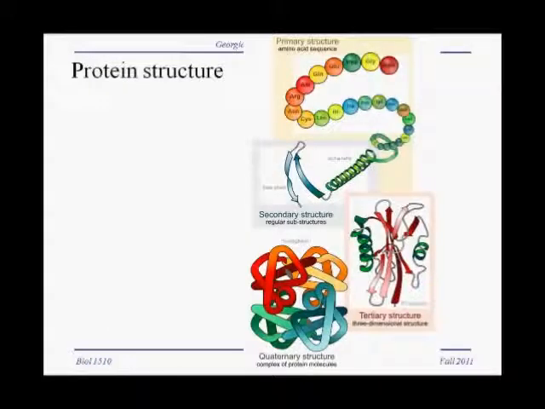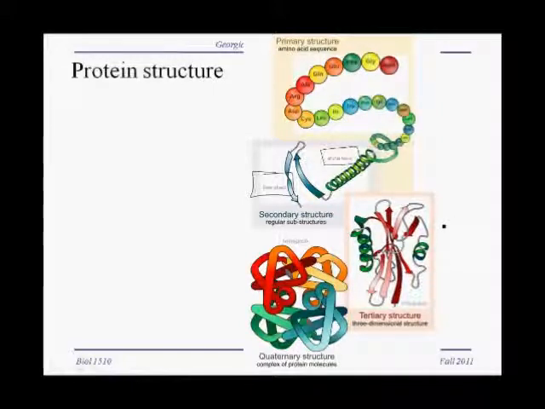So let's talk about protein structure. We can think about 4 different levels of protein structure. The primary structure is simply the sequence of amino acids that are bonded together by peptide linkages. Now, as a protein is made, parts of the protein will spontaneously coil into what are called alpha helices, and other parts will form spontaneously into what are called beta sheets. These two structures, alpha helices and beta sheets, are called secondary structures.